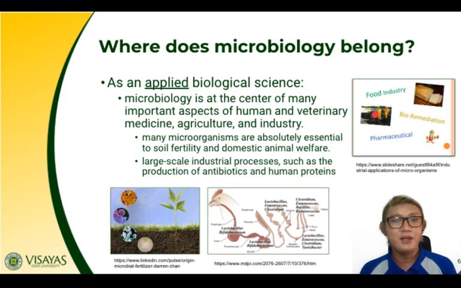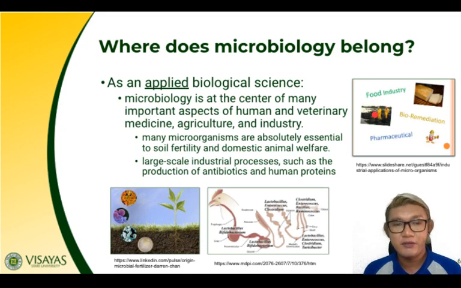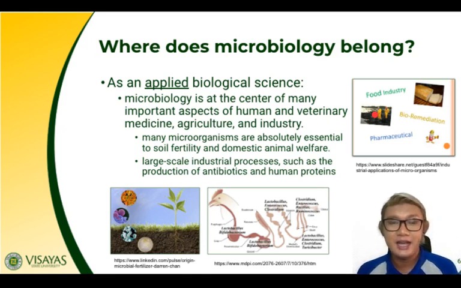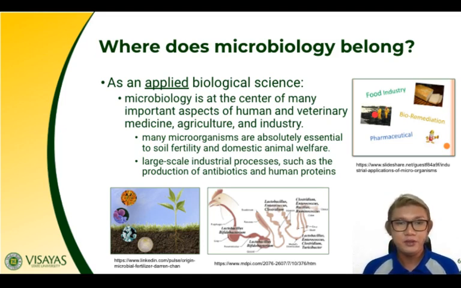For example, many microorganisms are absolutely essential to soil fertility and domestic animal welfare. There are also many microorganisms involved in large scale industrial processes, such as the production of antibiotics and human proteins, as well as in food production. Microorganisms are important in the production of beer, in the production of cheese, and other products.